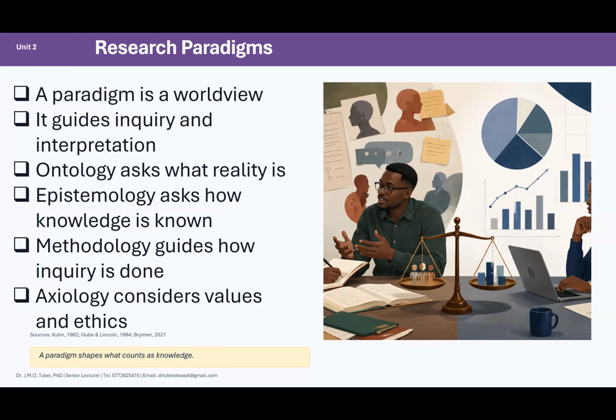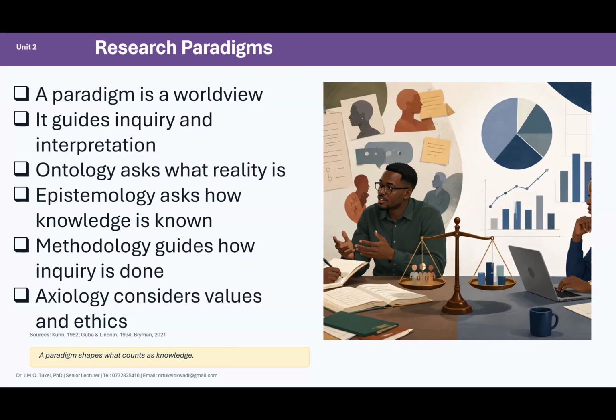Colleagues, positivism generally assumes that reality can be measured objectively and is commonly associated with quantitative research. Interpretivism emphasizes meaning, experience, and context, and is usually associated with qualitative research.